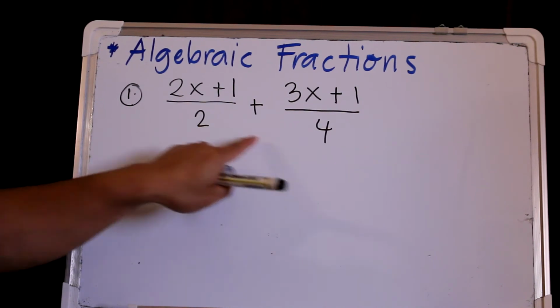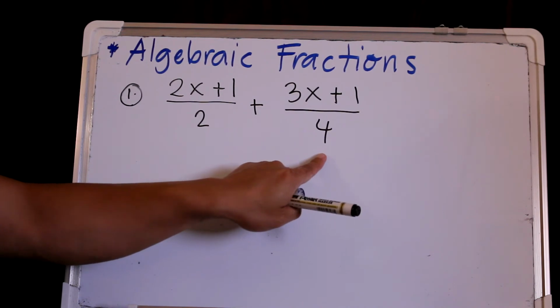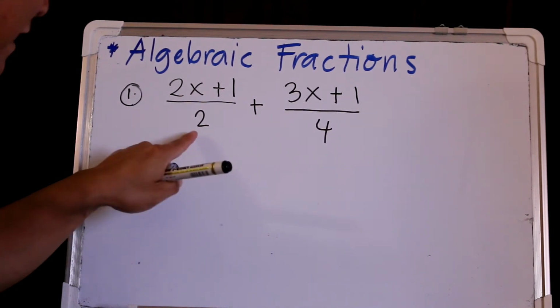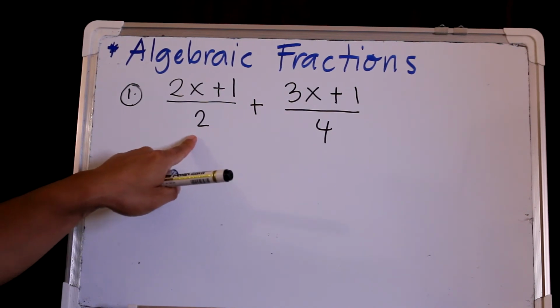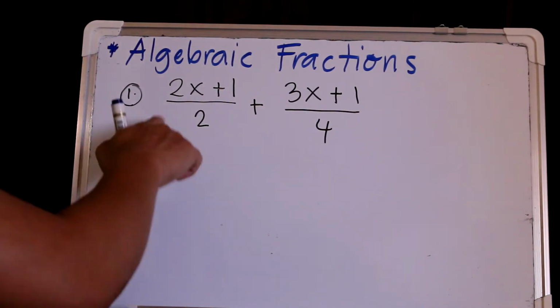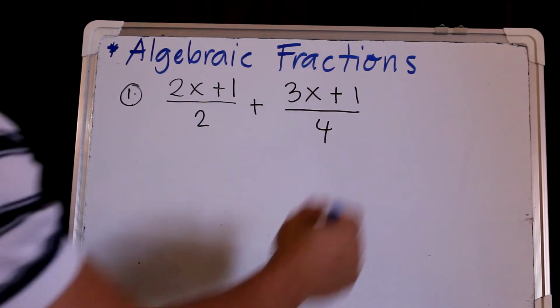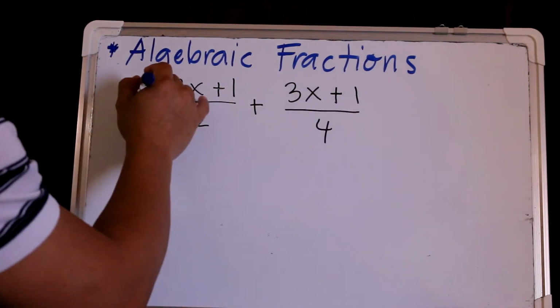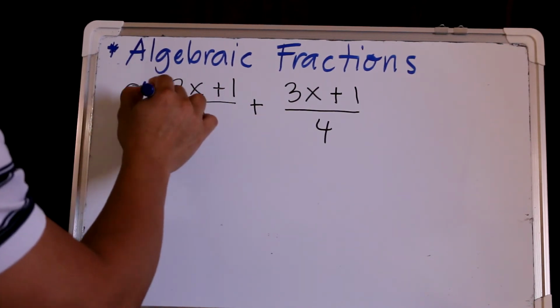Since you have 4 and 2 here, 4 is a multiple of 2, and 2 is a factor of 4, then we can multiply this with 2 and multiply this with 1, right? So I multiply that with 1, I multiply this with 2.